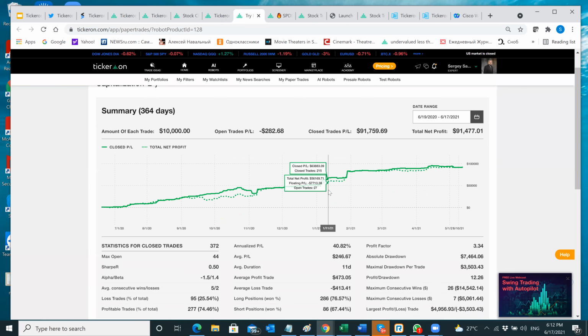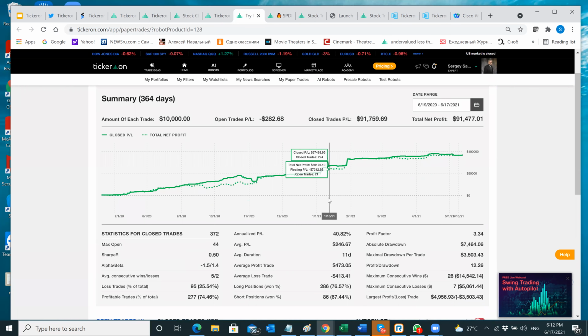And then let's look at the statistics. You see, it is a really good swing trader because the average duration is 11 days, okay? So maximum positions 44, so you can use all the trades or fewer trades. Annualized return 40%, okay? And then look at the good statistics.